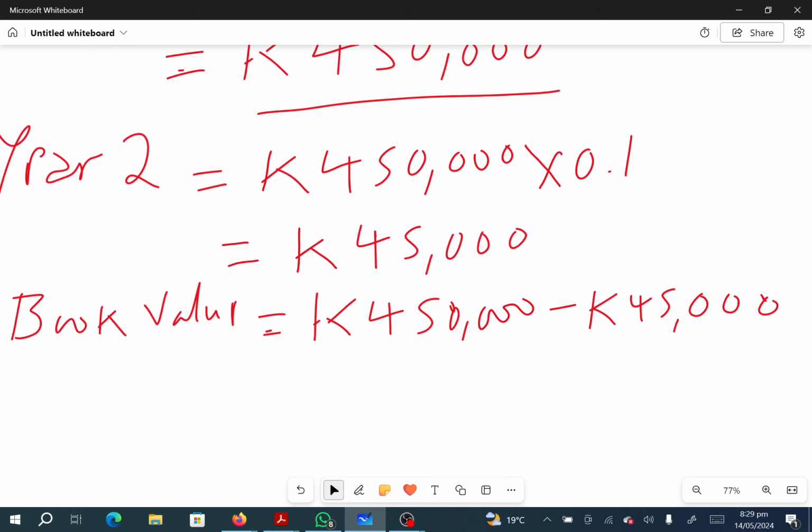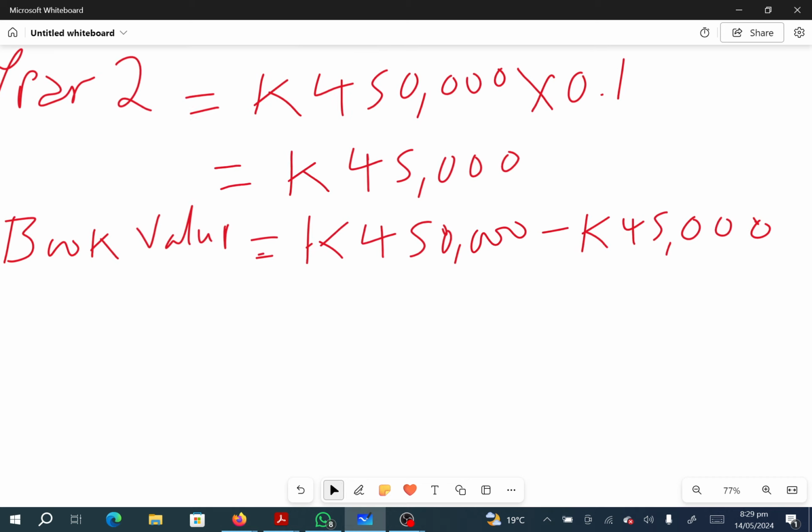So 450,000 minus 45,000 gives us 405,000.